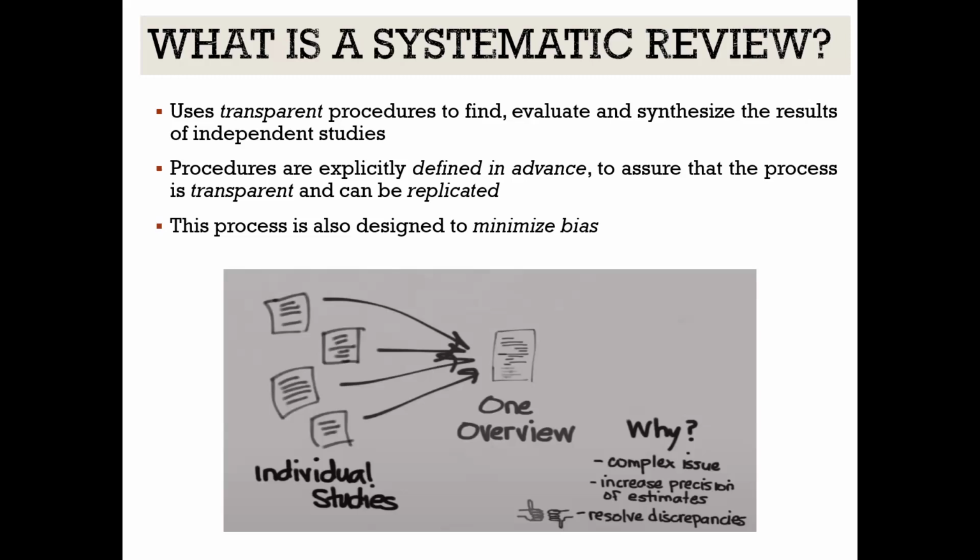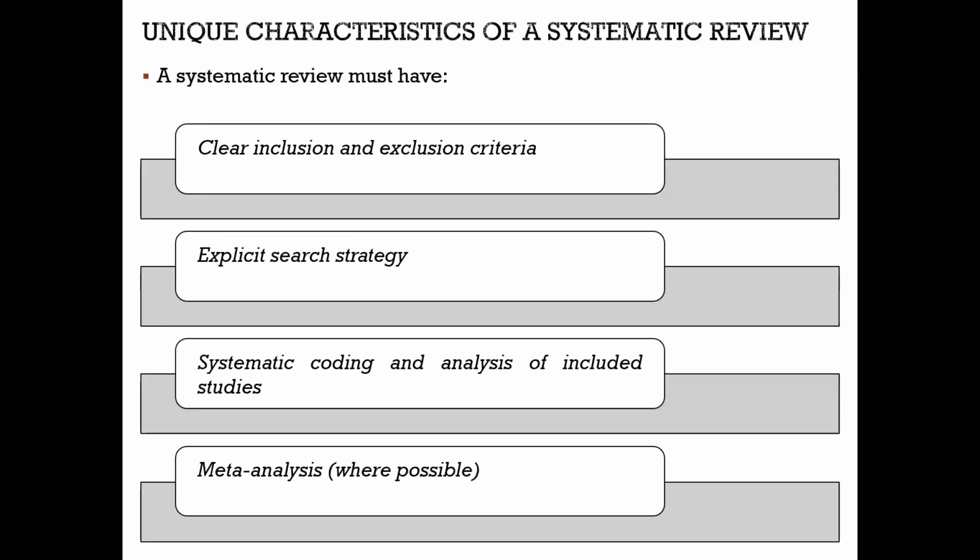Your procedure should be ready: what I'm going to do, what kind of studies I'm going to take, what is the area of my interest, what drug I am going to see in this study, or what biomarker I'm going to analyze. It should be defined in advance. This process is designed to minimize bias. You will understand this when I compare narrative and systematic reviews. I hope you're clear with this.